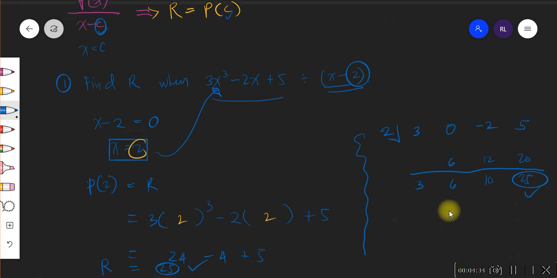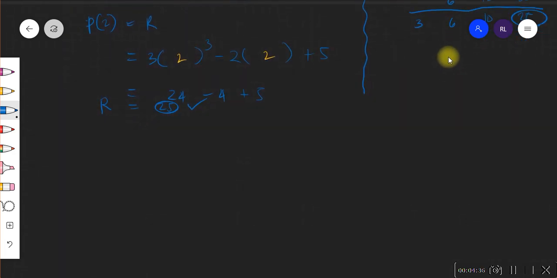Okay, number 2. Suppose we have, find r, where r denotes the remainder, when 2x cubed minus 3x plus 1 is divided by 2x plus 1.